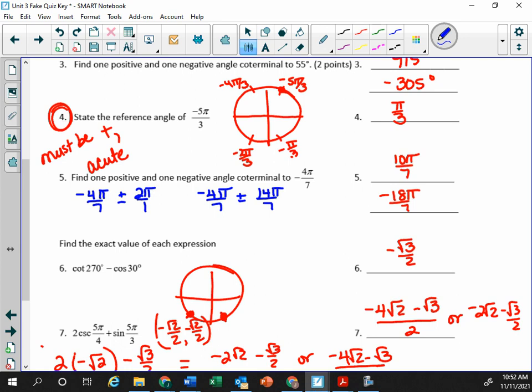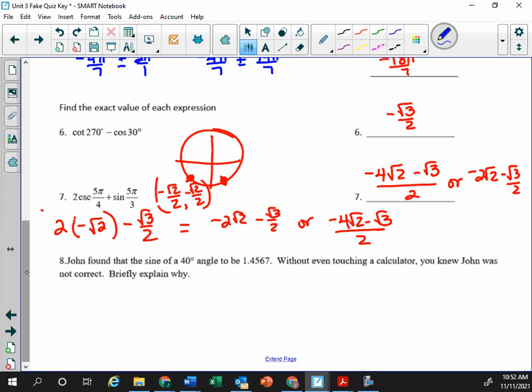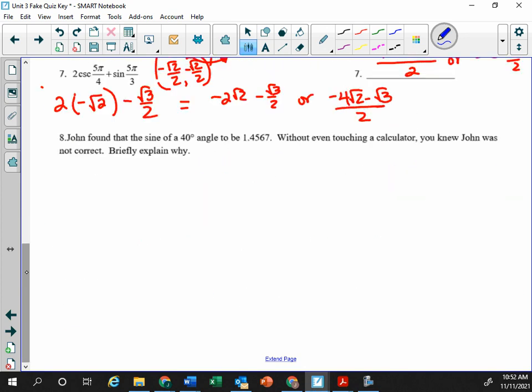Anything else before the last page here? Oh, the bottom, guys. I didn't explain that one. Some of you, I know, walking around and looking at yours, talked about how you know what the sine of 45 degrees is and made a comparison there. Even if you don't know anything about trig, we know sine of an angle is opposite over hypotenuse, right?